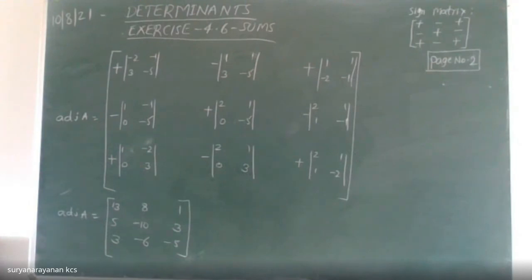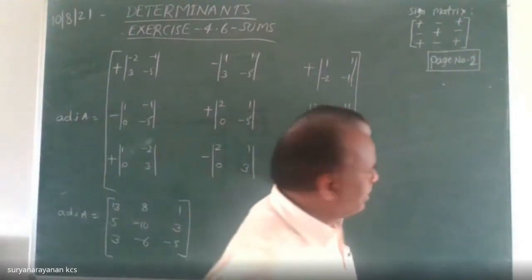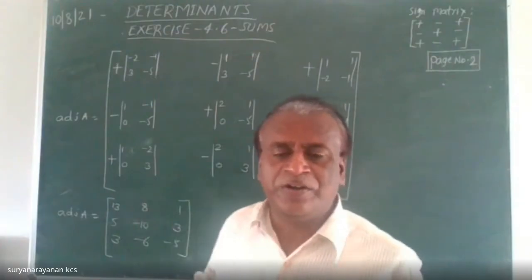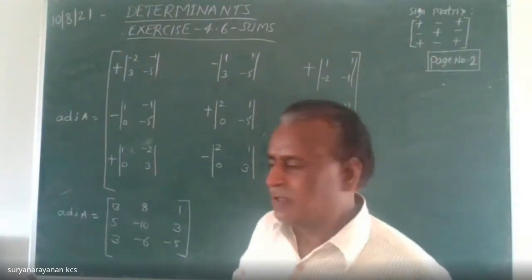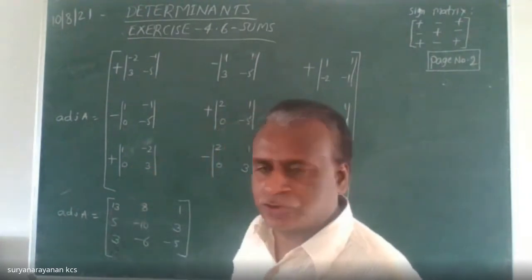Now come to the next step. What is the next step? Tell me. Sir, equating it to A inverse, sir. 1 by determinant adjoint A. Yes, very good. We found det A and we found adjoint A also.